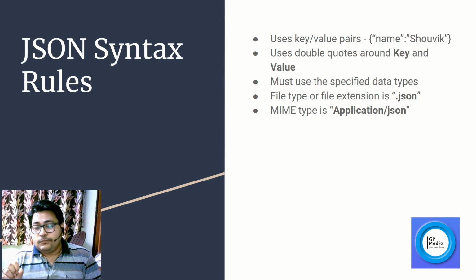Now the data types should also match the JSON syntax we just saw in the previous slide. And if we are trying to use any external JSON file, then we must use the extension .json. We will also see this using examples in later videos.